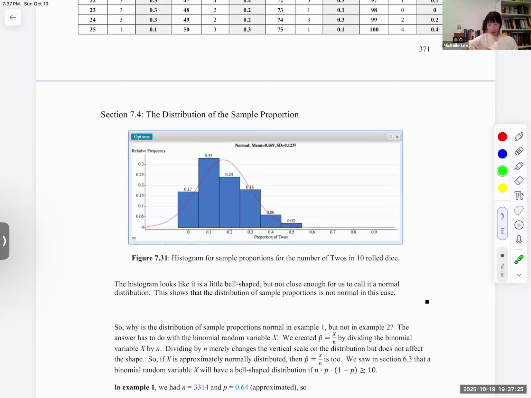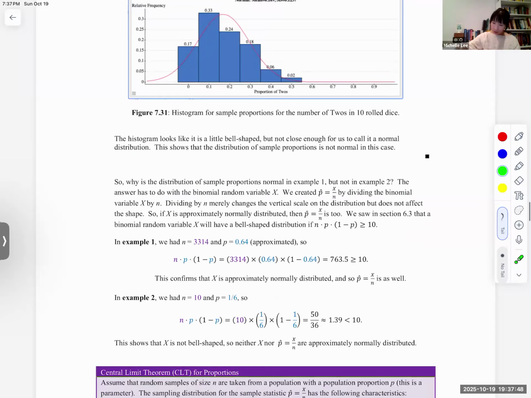How do we check whether it's normal or not? In a binomial distribution, we check that n times p times 1 minus p is greater than or equal to 10. Then we say it's a normal distribution, right? Let's just check that.